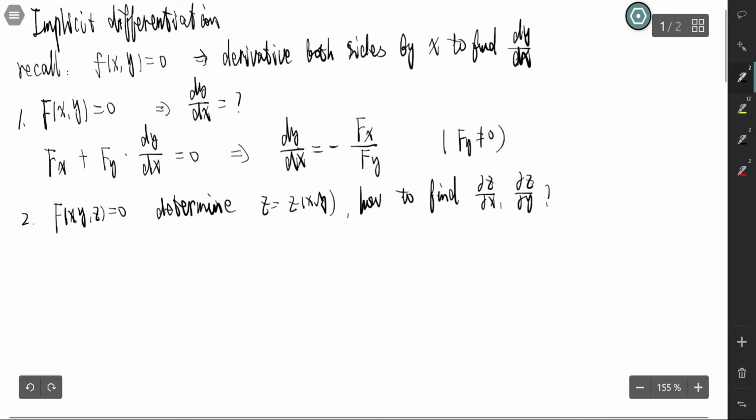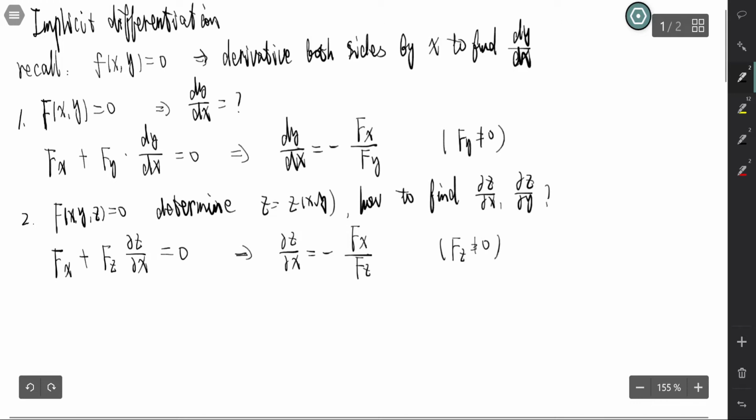We take the partial derivative of both sides by x. We have f_x plus f_z times partial z partial x, using the chain rule. Then partial z partial x equals negative f_x over f_z. Here, f_z should be non-zero.